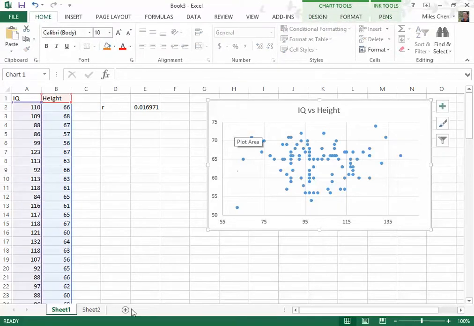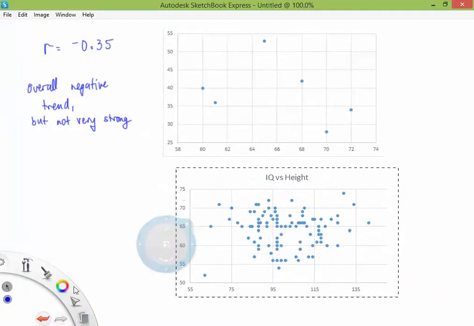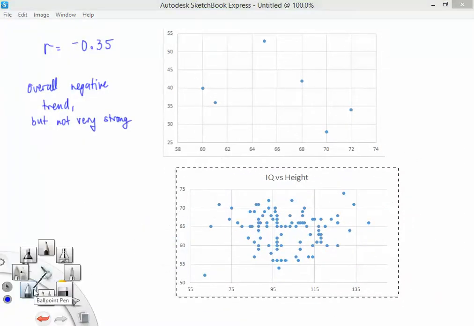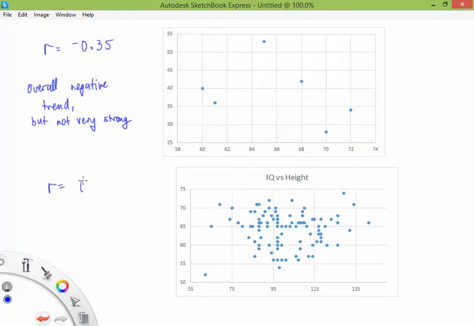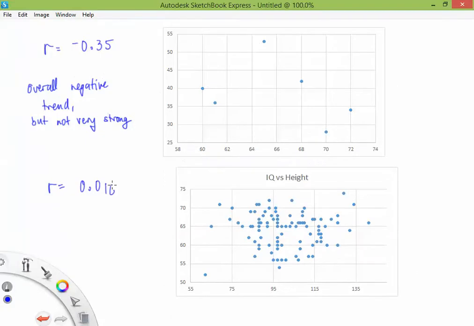So if I copy this and put it over here, IQ versus height, my correlation turned out to be 0.016971, so pretty much 0.02 if I round off to 2 decimal places.